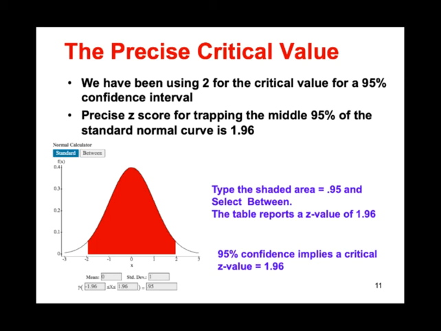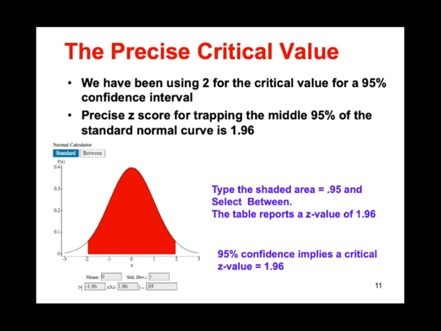If you recall, the empirical rule says that 95% of the z-scores are within 2 standard deviations of the mean. But 2 is actually an approximate value. More precise z-scores are necessary for trapping the middle 95% of the standard normal curve.